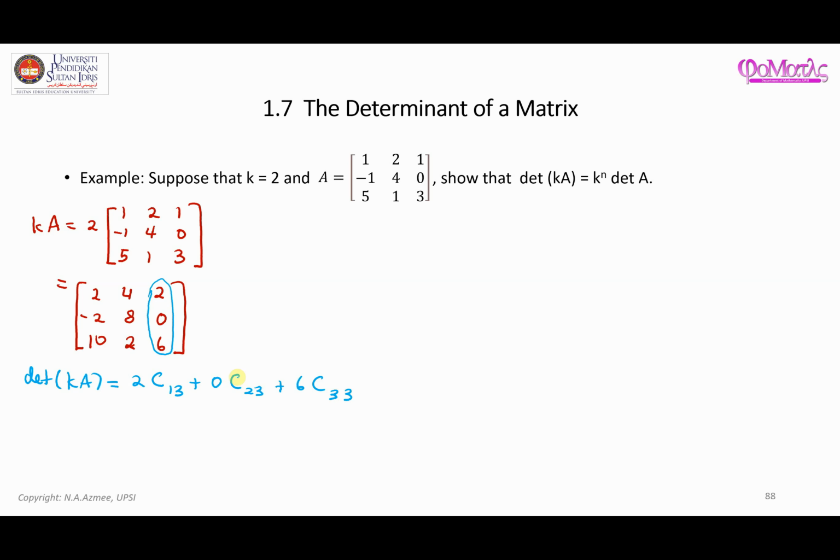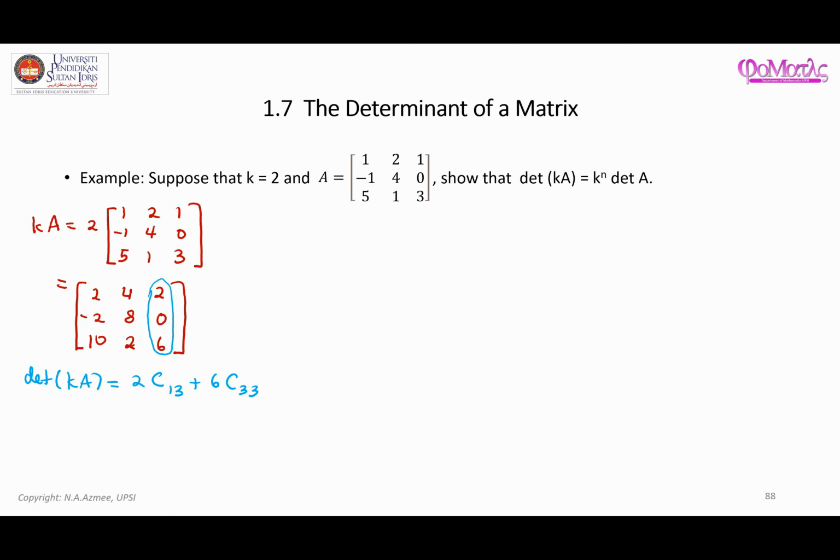And of course this middle term can be cancelled out, so actually what we have is just 2 times C1,3 plus 6C33. So that's the formula based on the third column expansion.